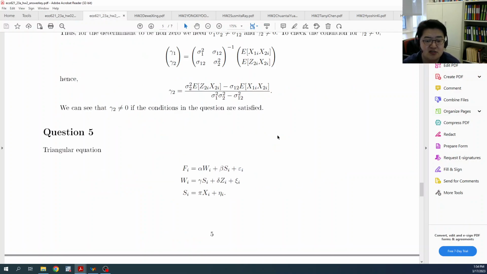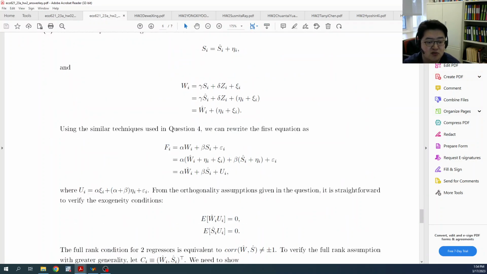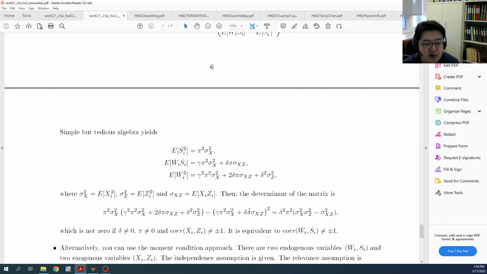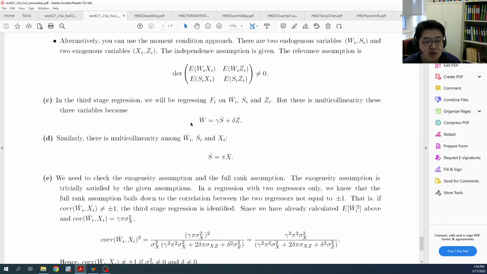So the best way to show that is simply showing this. So this is the multicollinearity. We will be regressing the outcome on 2 fitted values of endogenous variables and z, which is now included in the main regression. Then it's pretty clear how they are correlated with each other.